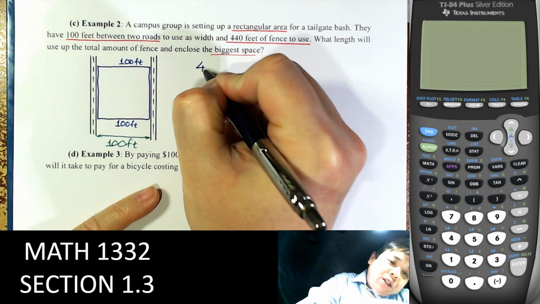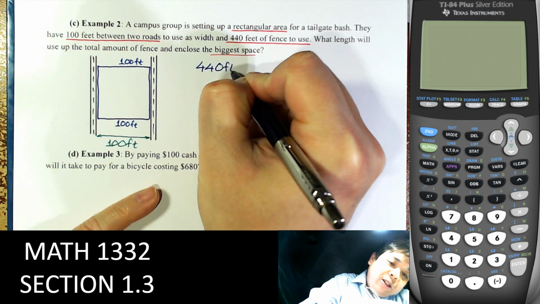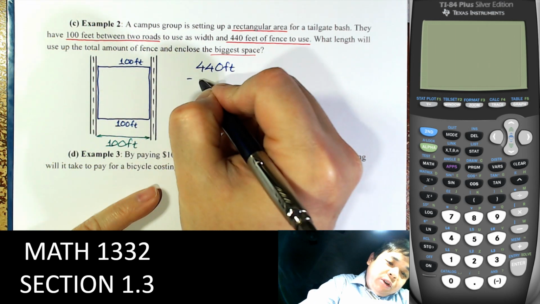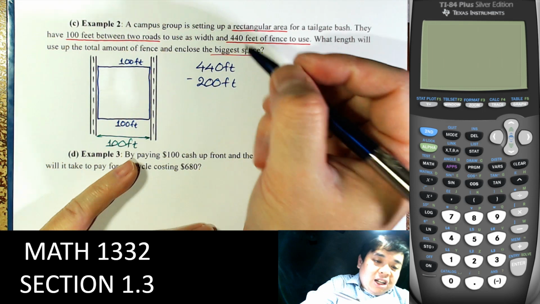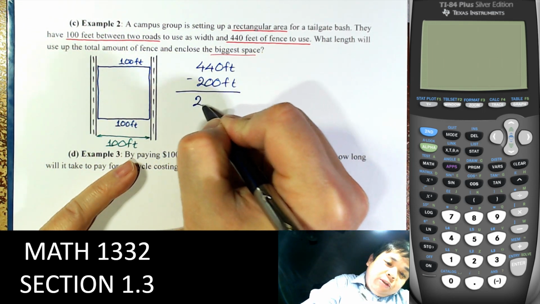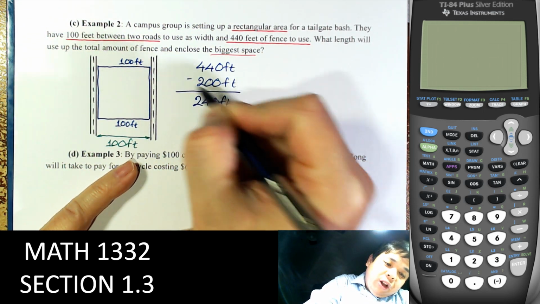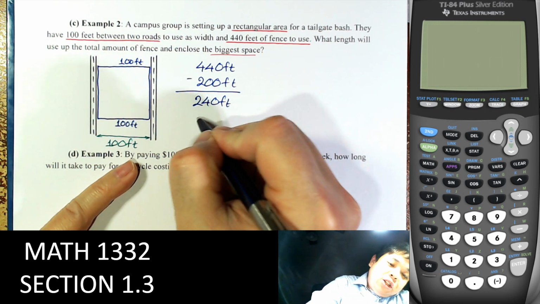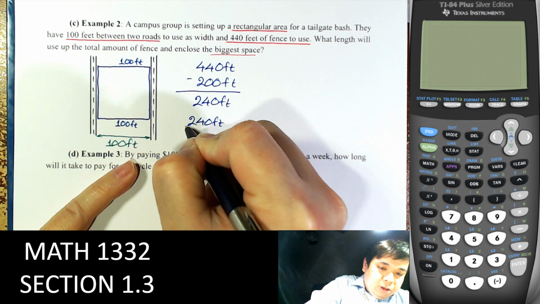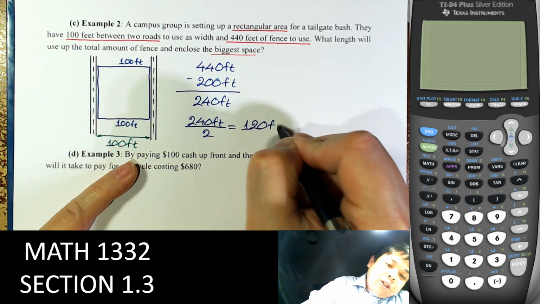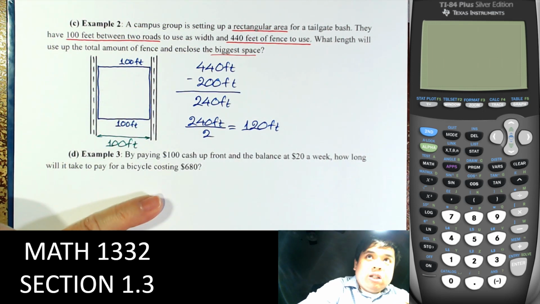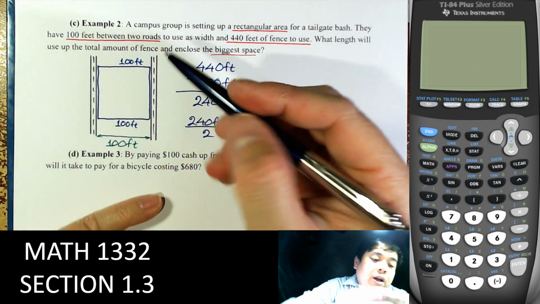So it's 440 feet, subtract 200 feet for the sides here, you have 240 feet for the length, and we divide that by 2. That gives us 120 feet. So the size of the rectangular area is 100 by 120 feet.